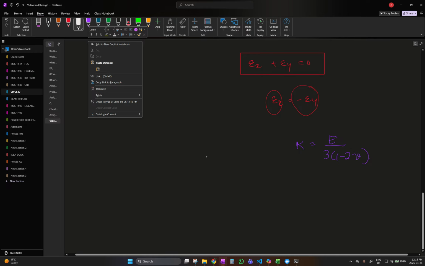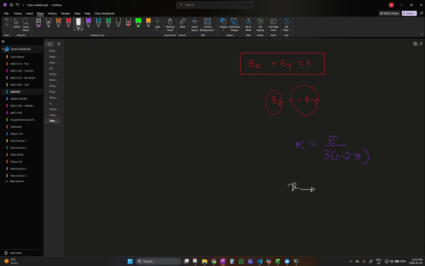Essentially, as v approaches 0.5, this term goes to 0, which means the bulk modulus goes to infinity. That makes the thing mathematically approach infinity asymptotically. And that's what we see.